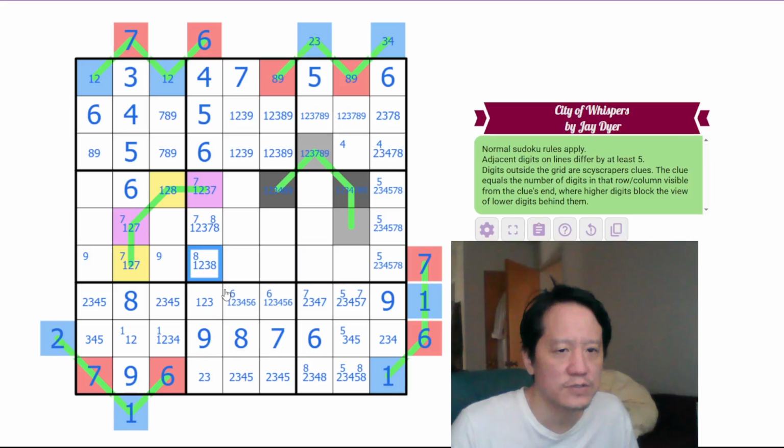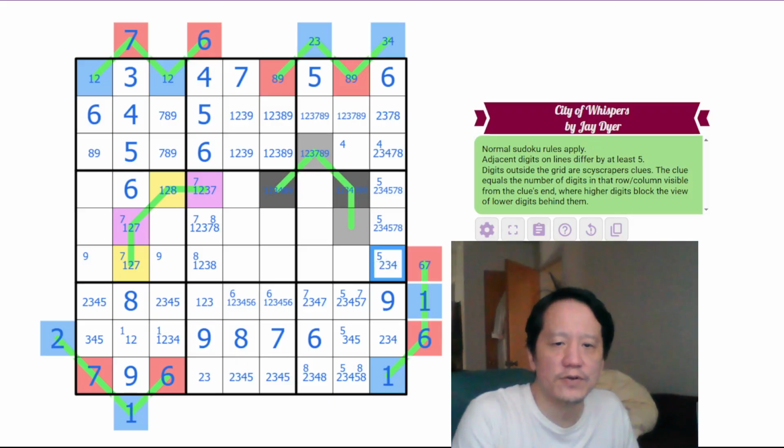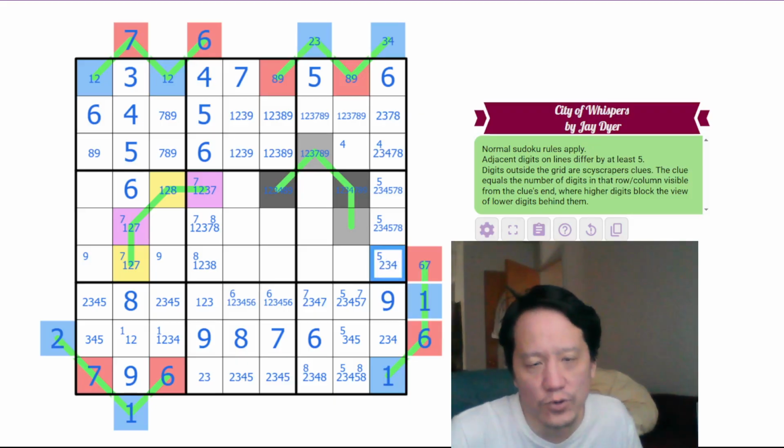So either way, it does not see 2 out of the 4 of these. So it has to see all of these. Okay, so first of all, it cannot have 5, 7, or 8 there. It's 2, 3, or 4, guaranteed.